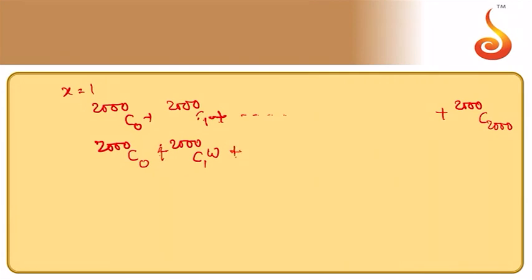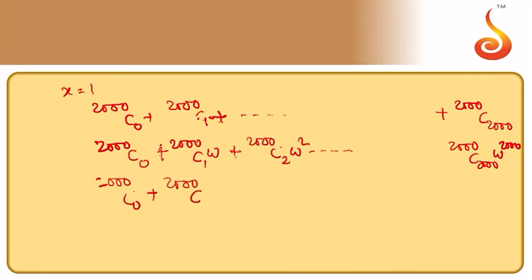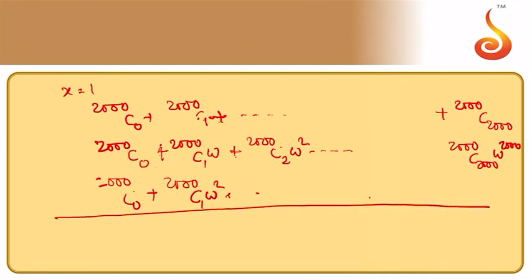Similarly, if I substitute omega, we get 2000 C0 plus 2000 C1 omega plus 2000 C2 omega square and so on, 2000 C 2000 omega to the power 2000. Next we'll substitute omega square: 2000 C0 plus 2000 C1 omega square and so on.